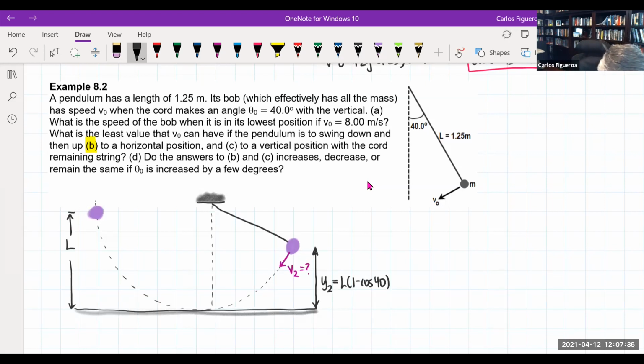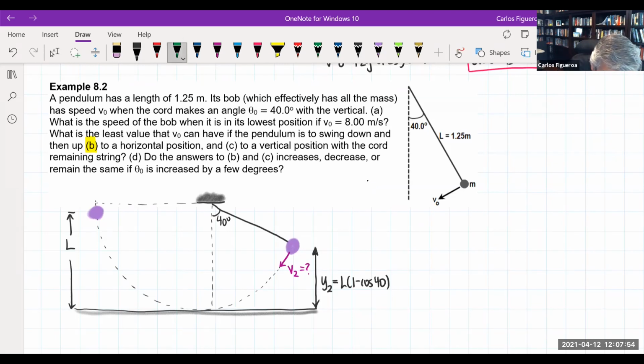Okay, and this is assuming that this guy gets to this height right here. So what we're seeing here is that I know that this guy is still 40 degrees like we talked about before. So if I think about this picture-wise, what does conservation of energy tell me here?